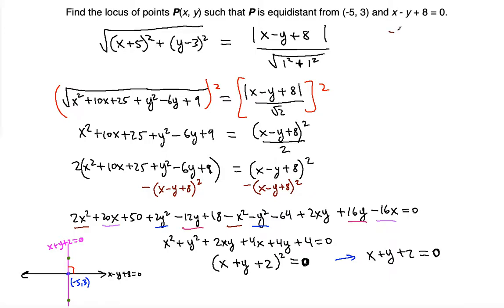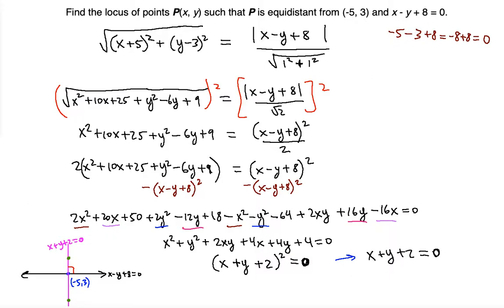So let's do that. -5 for the x, minus 3 plus 8. What is that? That's -8 plus 8. Bingo. 0. Right? So that algebraically shows that -5, 3 is on this line.